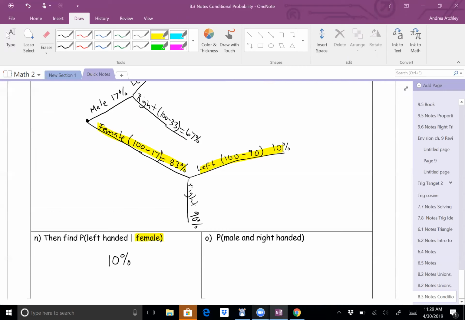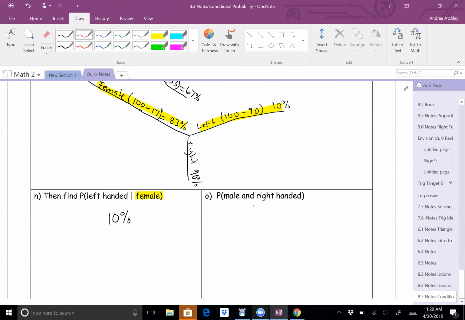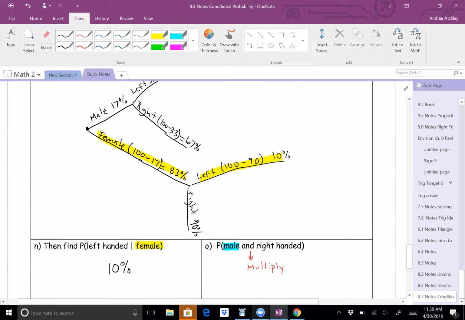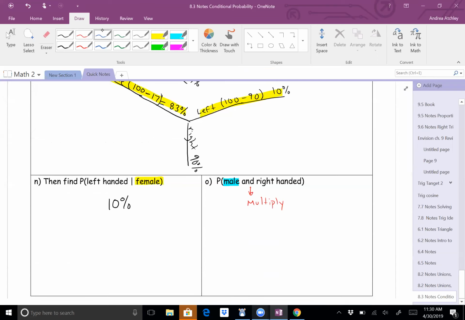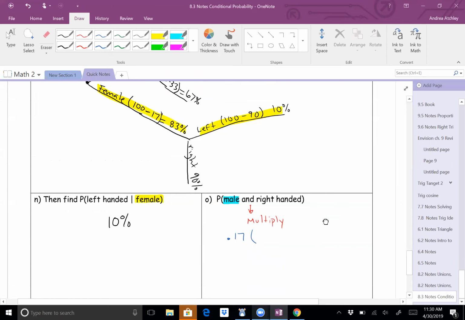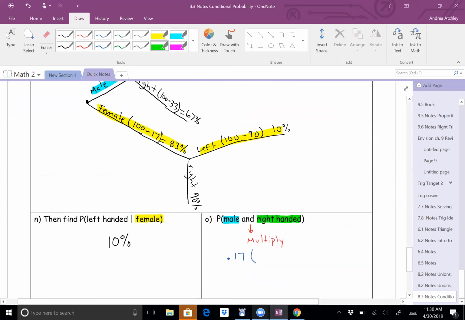Now, for this one, it's the probability of male and right-handed. Okay, let's review. And means to multiply. So we're going to find the probability of male. What's the probability of me picking a random person and them being male in my group? That's 17%. So it's 0.17. Then we need to find the probability of that person being right-handed.